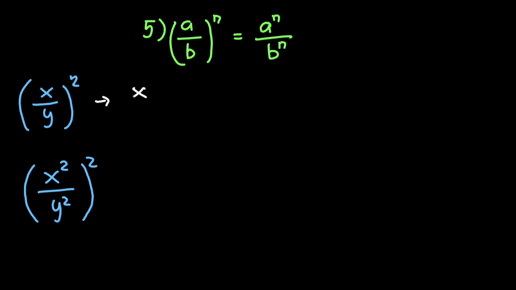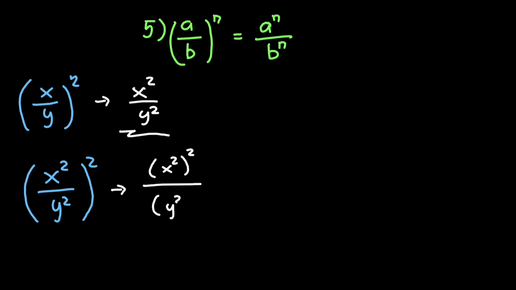It would be x squared over y squared. For this, x squared over y squared raised to the power of 2. It would be x squared raised to the power of 2 over y squared raised to the power of 2, which would be x raised to the power of 4 over y raised to the power of 4.